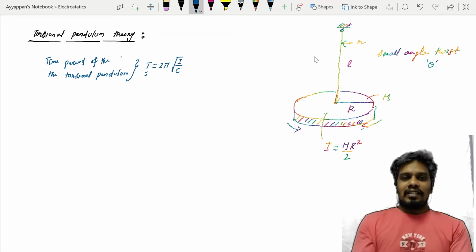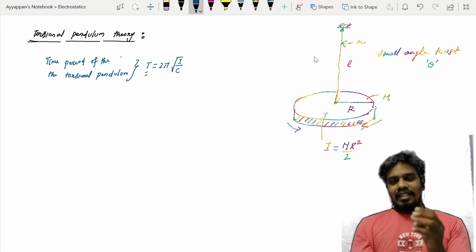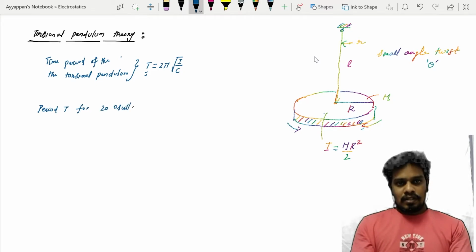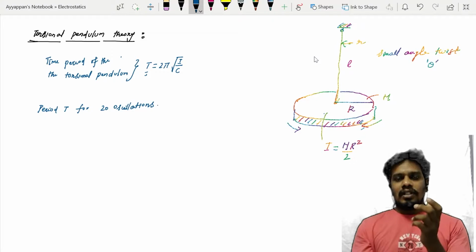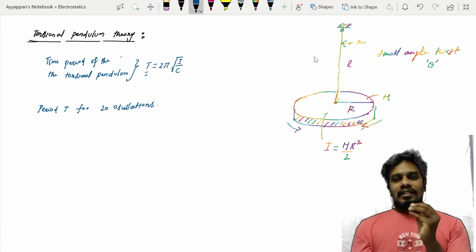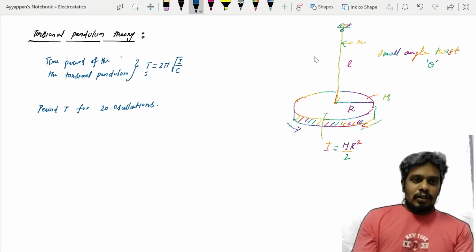You need to find the time period T for 20 oscillations. You just figure out the time taken by the torsional pendulum for 20 oscillations. Then you can determine the time taken per oscillation.